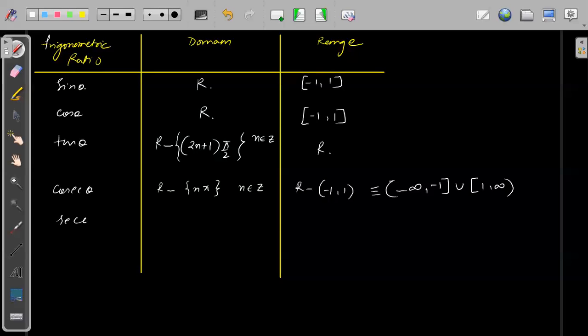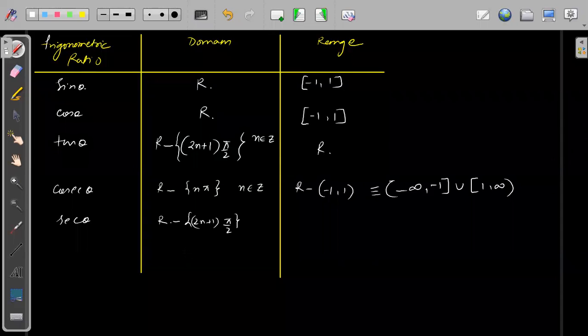Now sec theta, what will be the domain of sec theta? Very good. Domain of sec theta will be R minus (2n plus 1) pi by 2, the odd multiples of pi by 2, because for all odd multiples of pi by 2, cos theta will be 0.